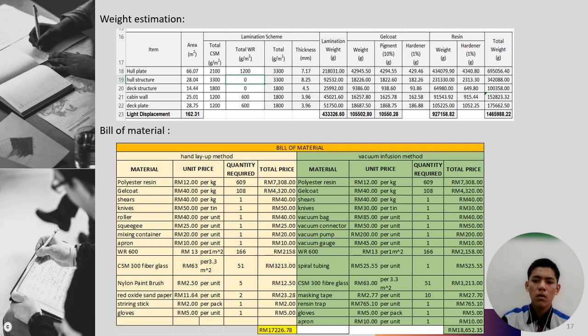By calculating all of the bill, we conclude that the hand layout method is the lowest cost, which is 1726.78 ringgit.